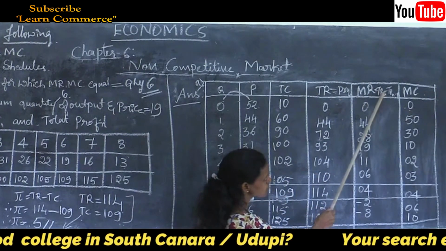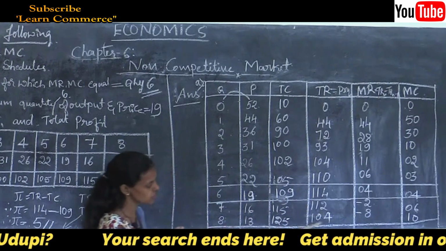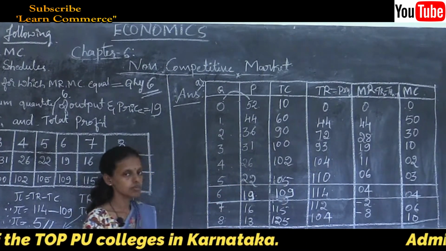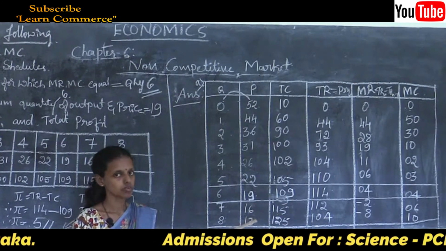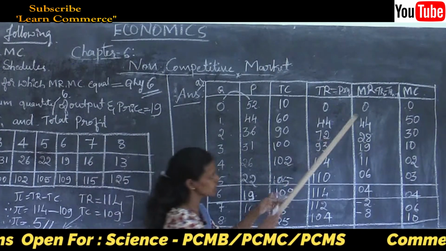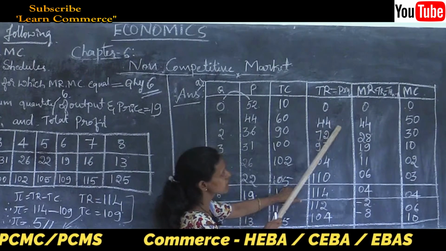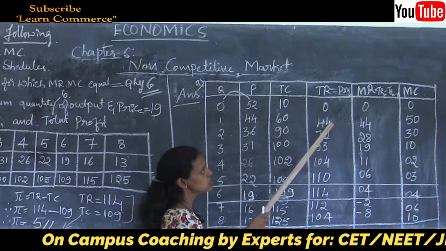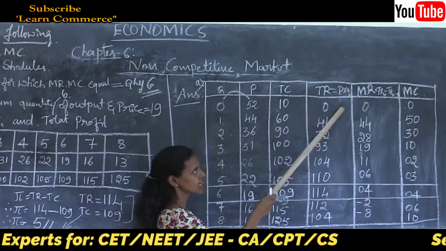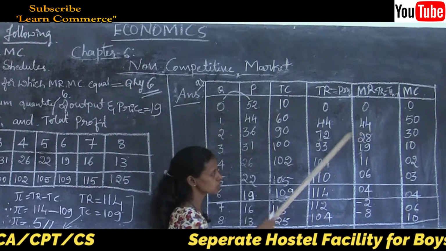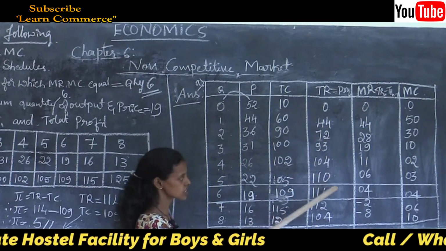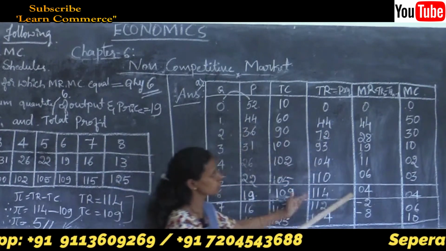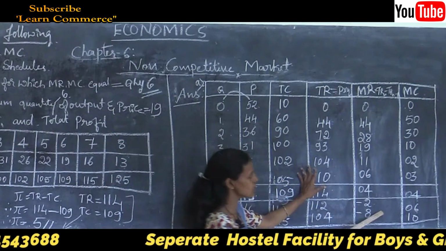MR is TR(n) minus TR(n-1). While calculating MR you should concentrate only on the TR column, because the calculation depends on the formula TR(n) minus TR(n-1). Here TR(n) is 0 initially, so 0 minus 0 is 0. Then TR(n) is 44 and TR(n-1) is 0, so that is 44. Going on like that, subtracting TR(n-1) from TR(n), you get the MR, the marginal revenue.